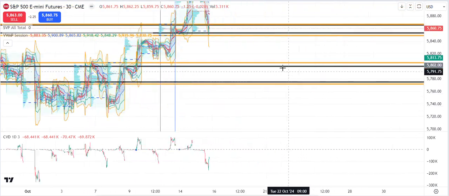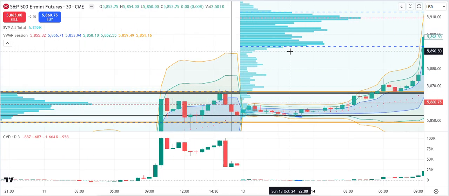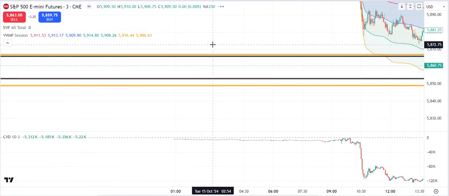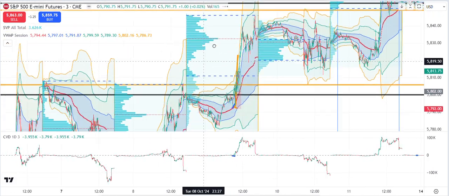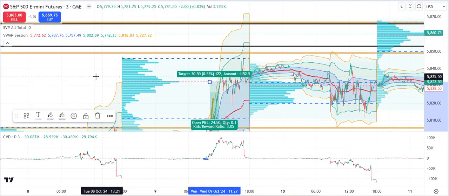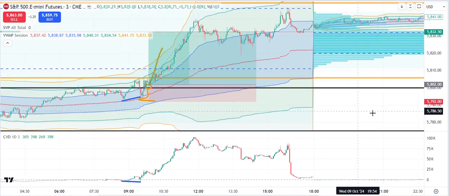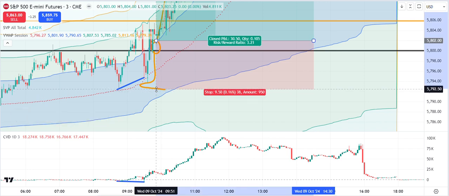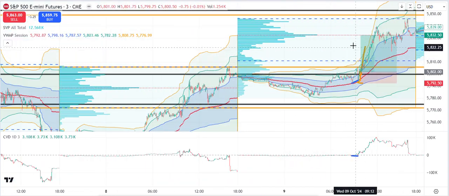So you just hold for this day. Hold and hold and hold. Let's say that's a target. Easy 1 to 3. No drawdown whatsoever. I think 1 to 3 is safe. That's as safe as it gets.